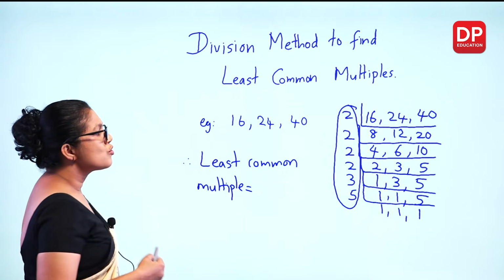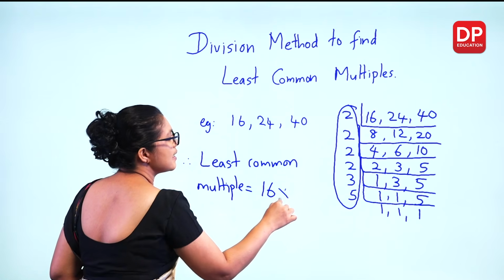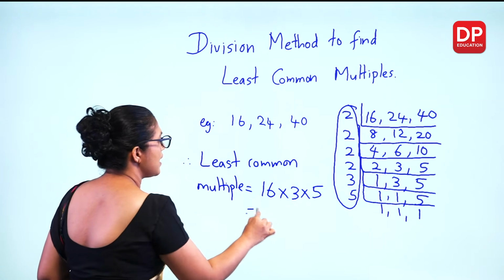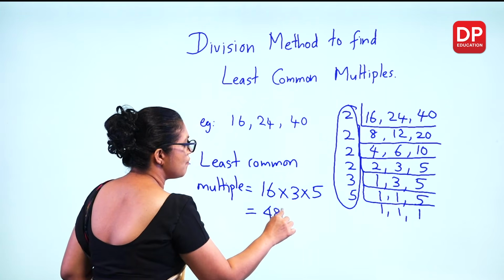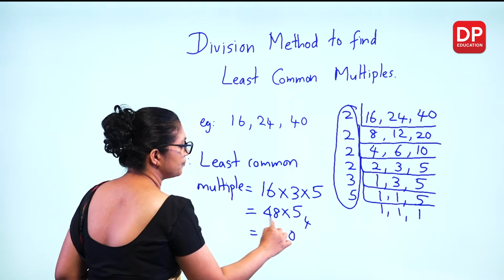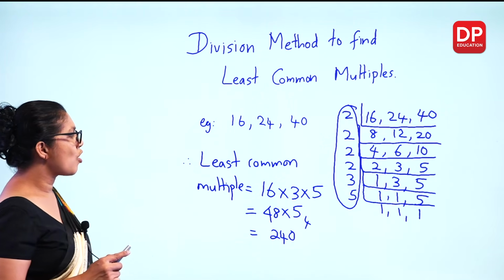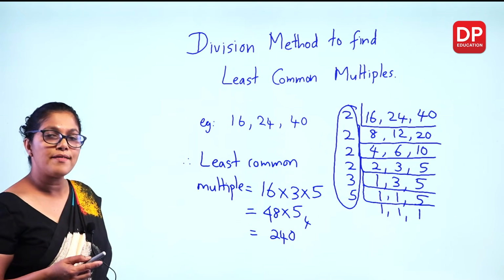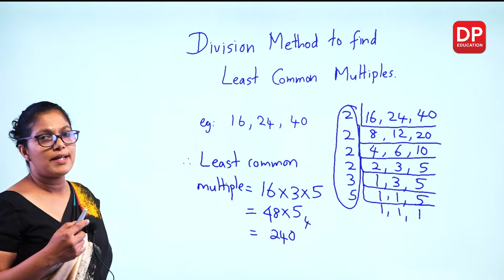That means 2 to the power 4, that's 16 times 3 times 5. So here 16 times 3, 48. 48 times 5, 240. So the least common multiple for these three numbers is 240 using the division method.